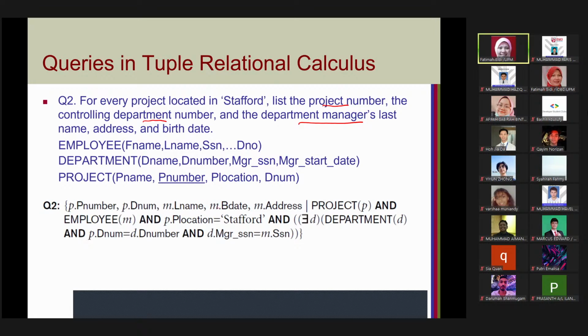This is for the project P and the employee M, where P.location is equal to Stafford, and of course there exists a department D where P.D number equals D.D number and D.manager_SSN equals M.SSN.